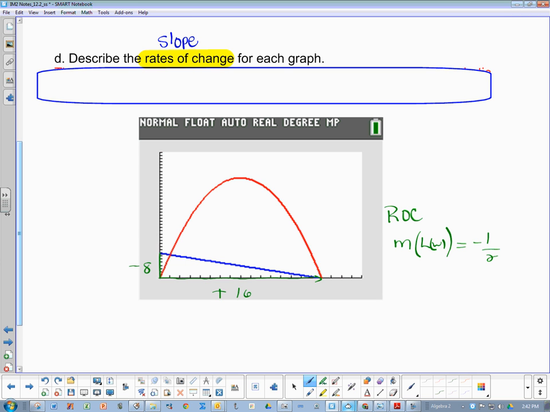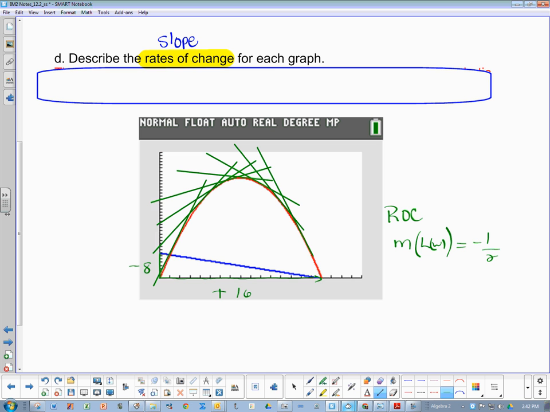But look at this one. Is there really one slope I can find? Let me get a line here and check this out. The slope could be that, or over here it could be this, or it could be right here. What I'm trying to get at is that when we're dealing with a quadratic, it might have instantaneous slope.